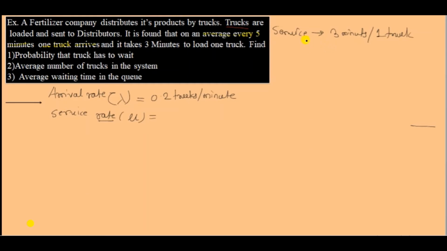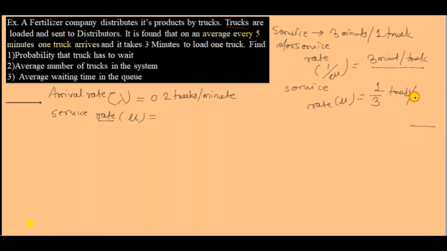We have got the value of lambda, that is 0.2 trucks per minute. Keep it in mind: sometimes lambda is given directly, but sometimes lambda is given in terms of inter-arrival time, that means 1 by lambda.